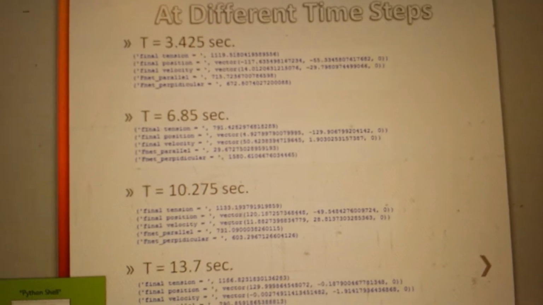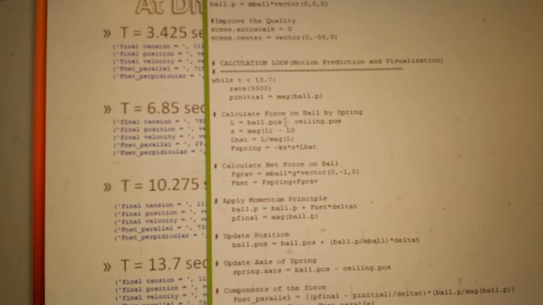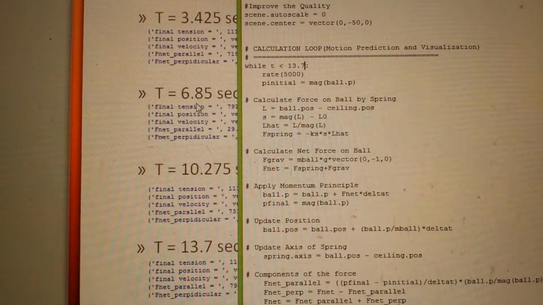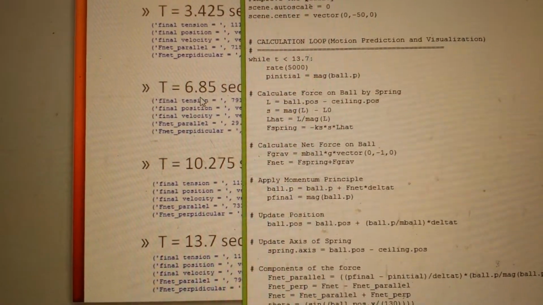So within the video, I set my time to be 13.7, which was how long it would take to make a half circle, which corresponds to a rope swing. And so I divided it into 4 different time steps. One was 3.425 seconds, 6.85 seconds, 10.275, and 13.7 seconds.